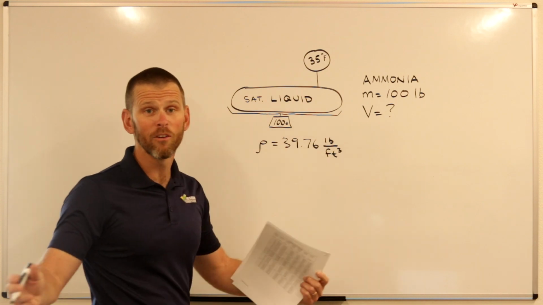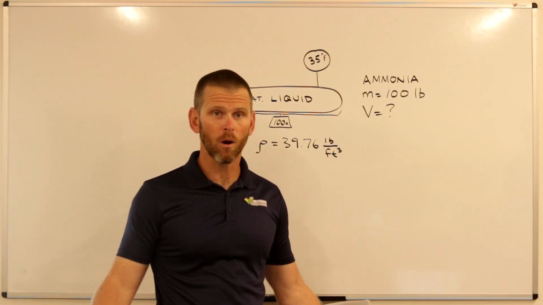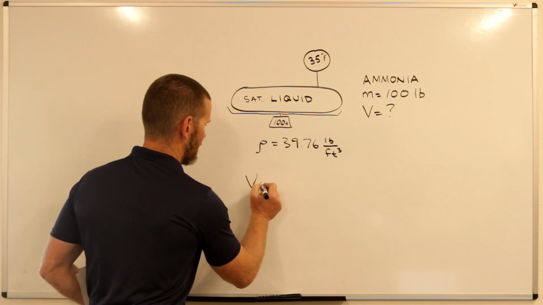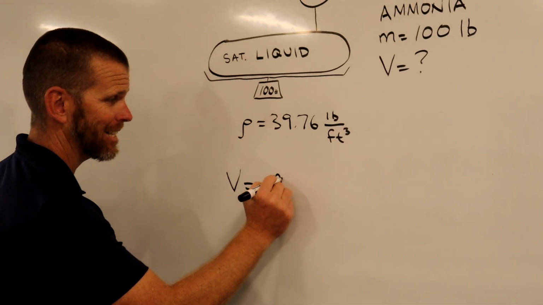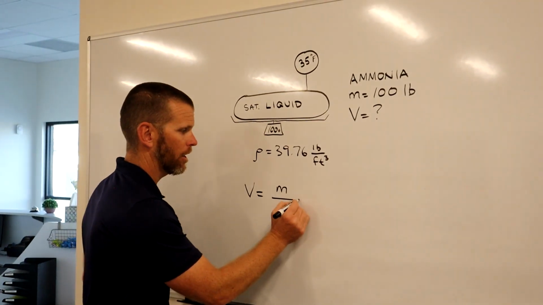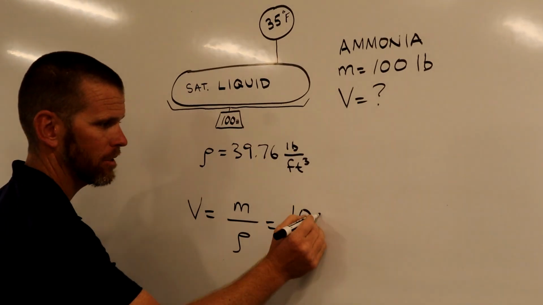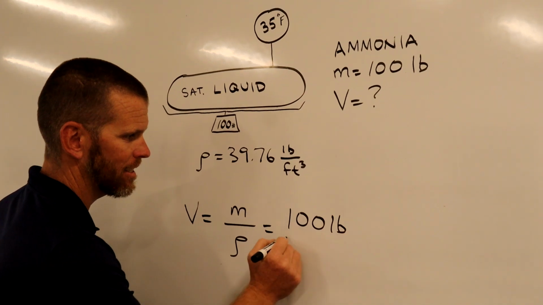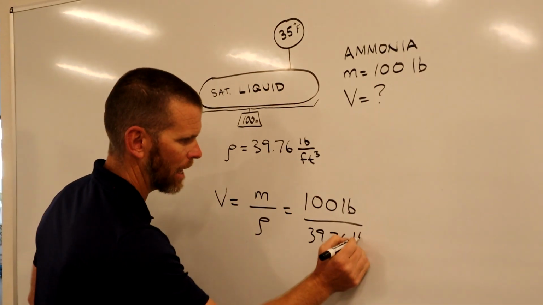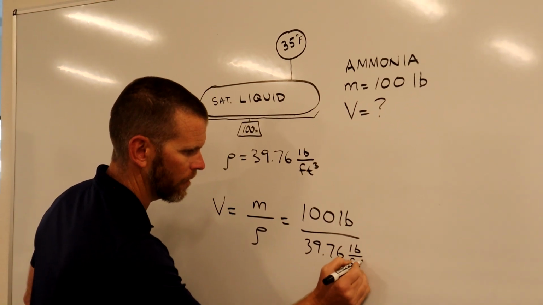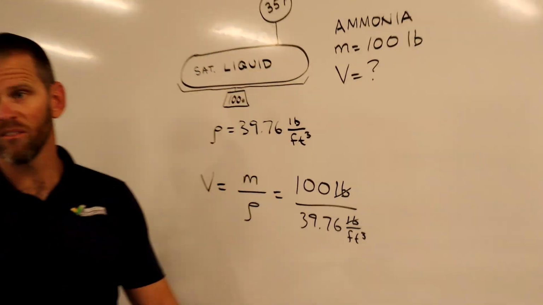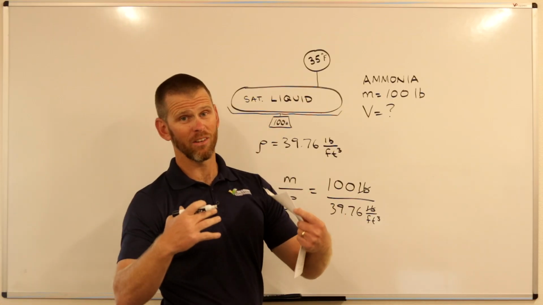Okay? So believe it or not, we now have everything we need to solve this problem with simple math. Let's figure out what our volume is. So volume is going to equal our mass divided by our density. Okay? Let's plug in our numbers. Our mass is 100 pounds, and our density is 39.76 pounds per cubic foot. Okay, the pounds will cancel because the units of cubic feet are a denominator of a denominator.